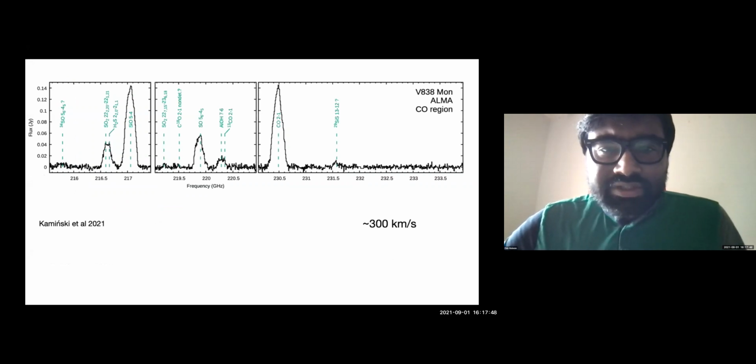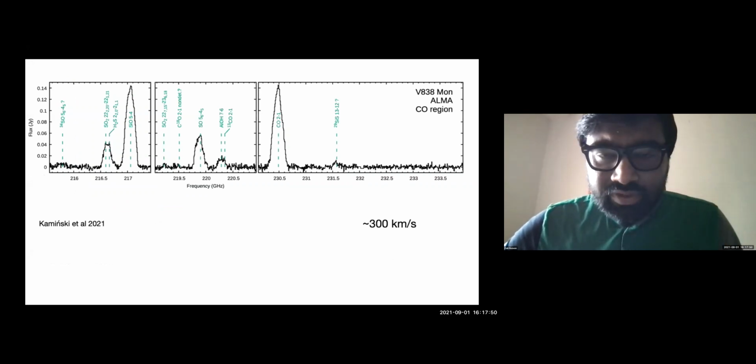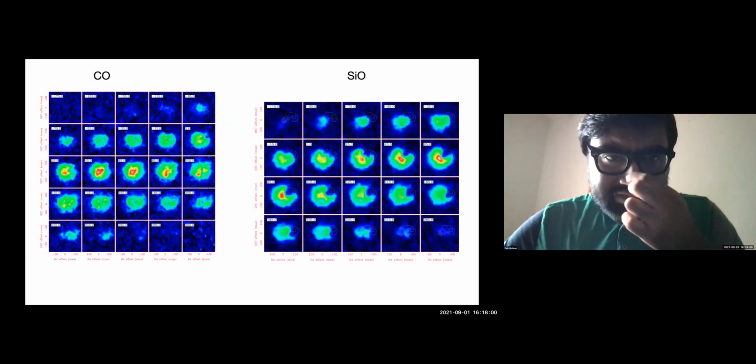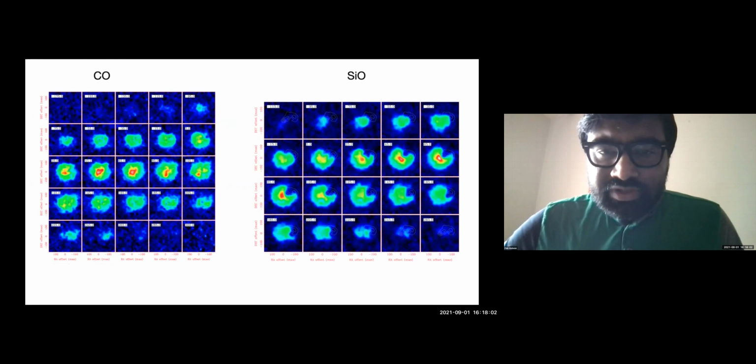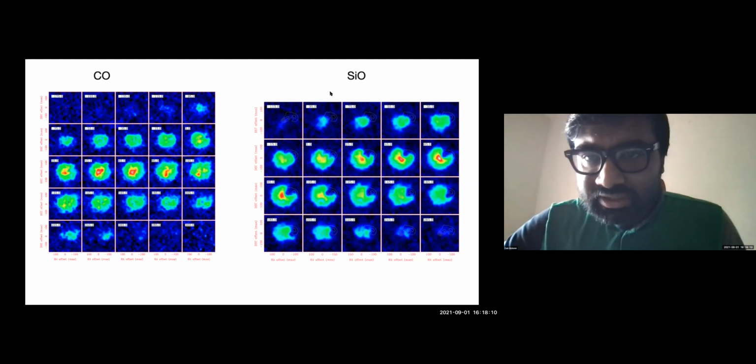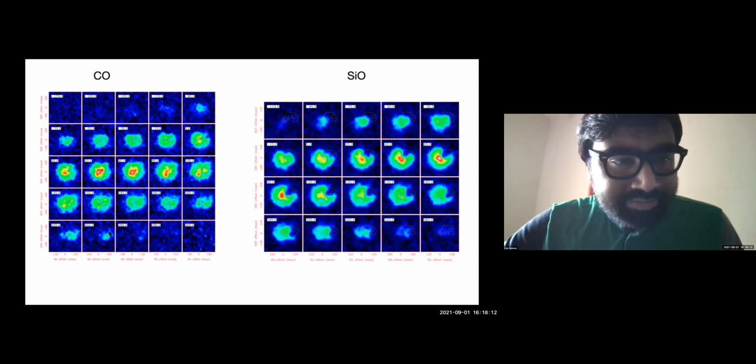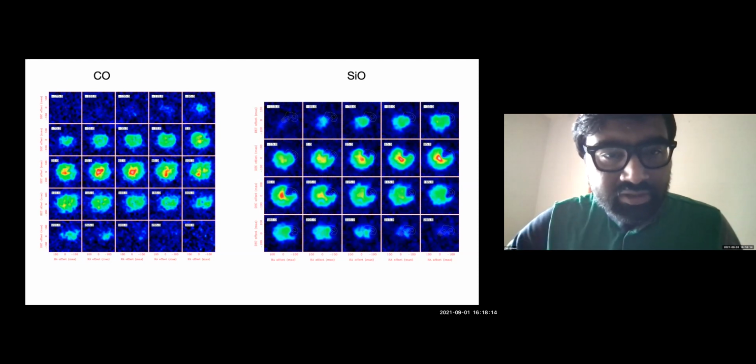The spectral features show the presence of simple metal oxides with line velocities of up to 300 kilometers per second. What's interesting is that there tend to be some differences in the molecular emission, and that's most noticeable when we compare the CO emission with the SiO emission. On the left, you see the channel maps for CO that map the emission around the merger remnant.